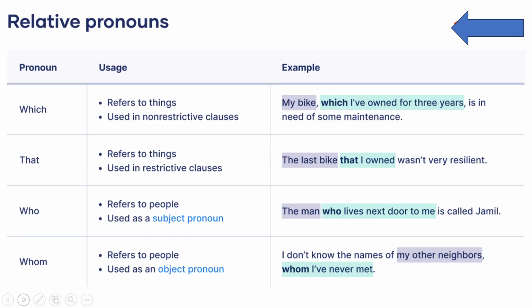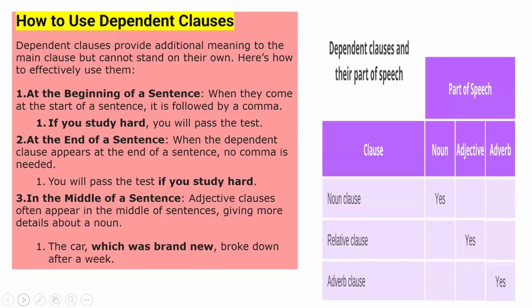So we use relative pronouns and subordinative conjunctions in subordinative clauses or dependent clauses. How do we use dependent clauses? At the beginning of a sentence, for example: I already taught you in my previous video how to use commas.